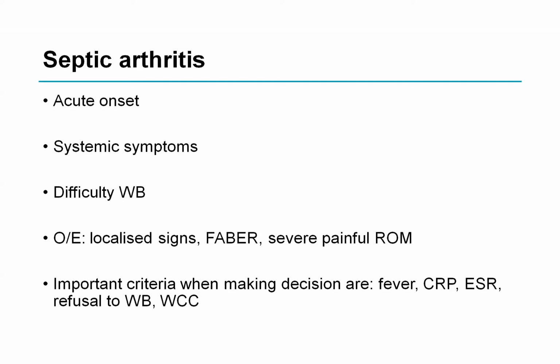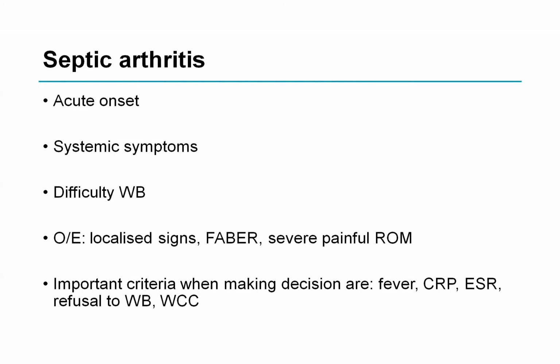The other differential diagnosis that we'd like to draw attention to is septic arthritis, and these usually have an acute onset because of the nature of it. The patient typically presents with systemic symptoms, tachycardia and pyrexia. They may have hypotension, they could be in shock, and it could be a life-threatening condition.